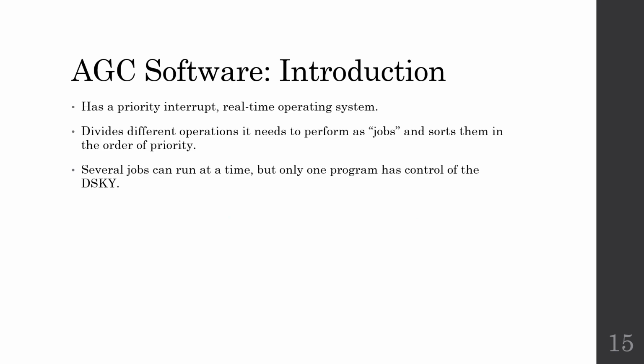So the basic software principle of the Apollo guidance computer is a priority interrupt real-time operating system. The software defines the different operations the computer needs to perform as jobs and sorts them in the order of priority. So the jobs get done in the order of priority. Several jobs can run at a time, but only the highest priority job can make use of the DSKY.